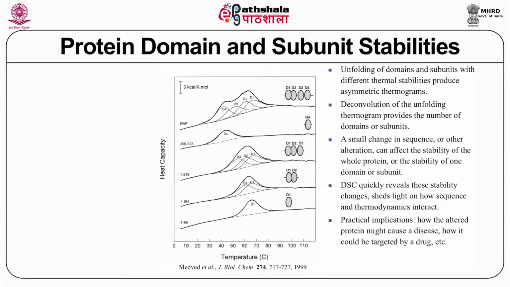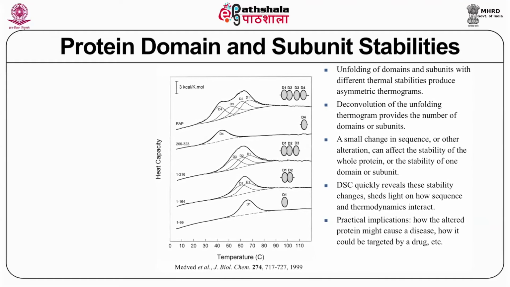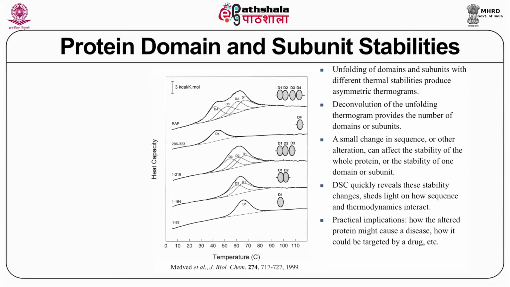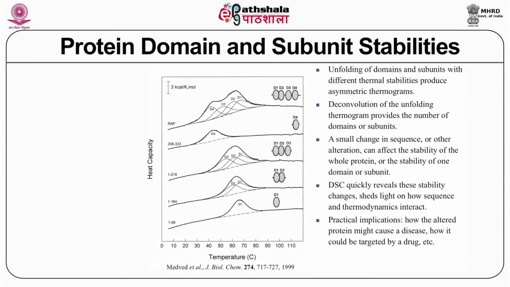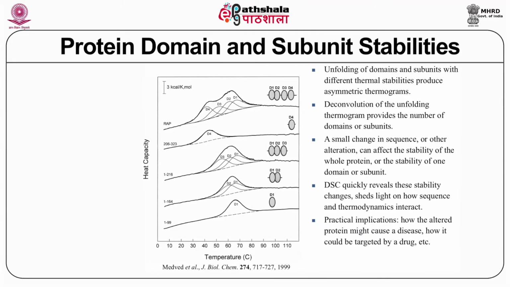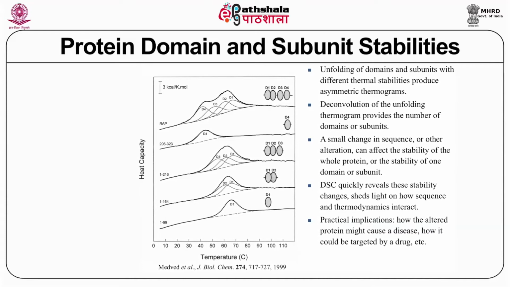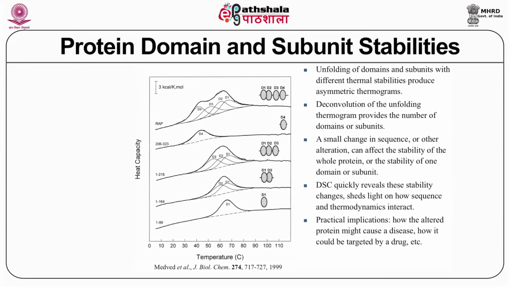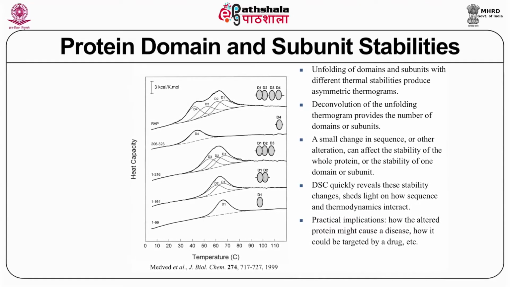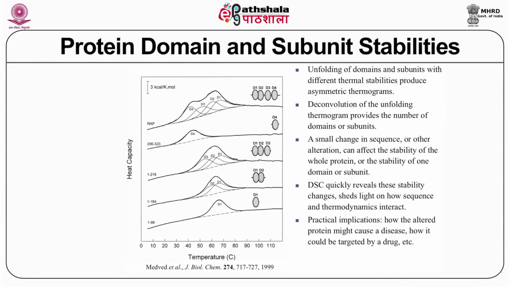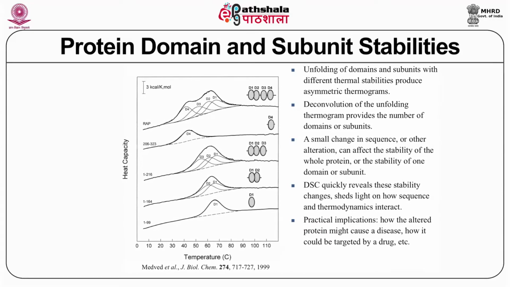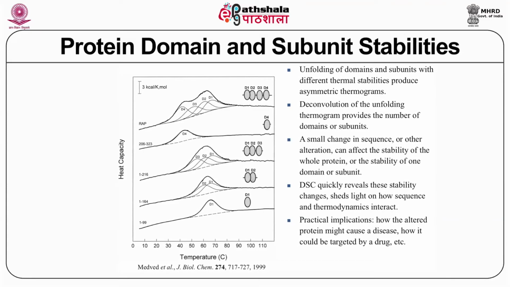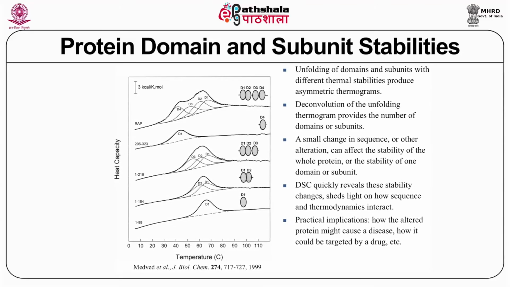Unfolding of the domains and subunits with different thermal stabilities produces asymmetric thermograms. For example, if you have a monomer, you get a DSC like this, a single peak. If you have a dimer, then you get a different type of peak, and similarly you have a trimer and so on and so forth.